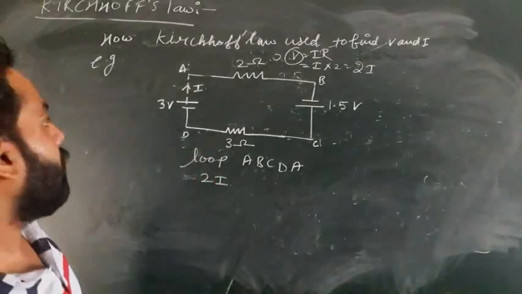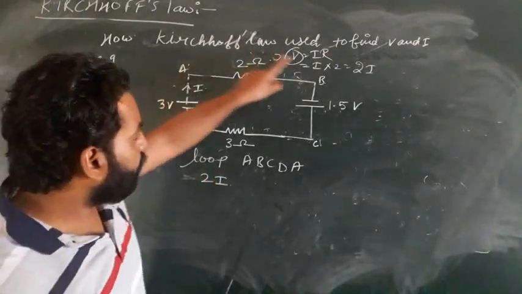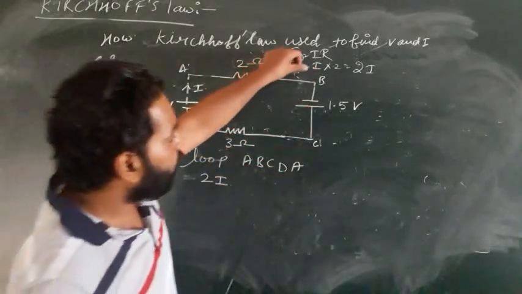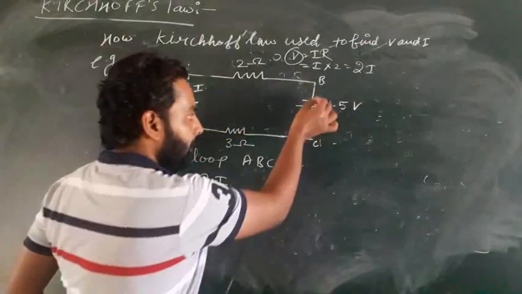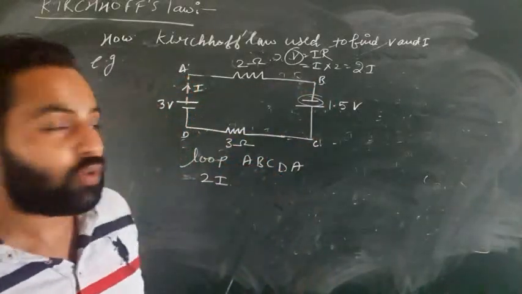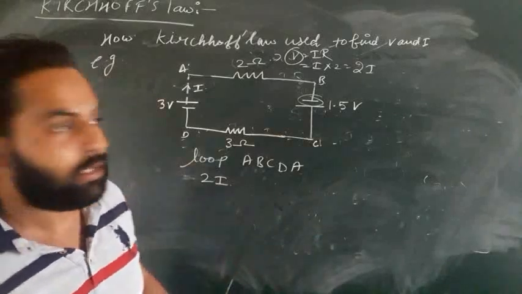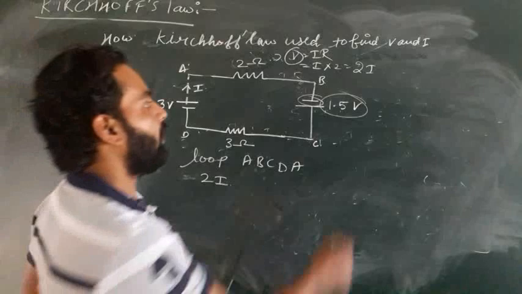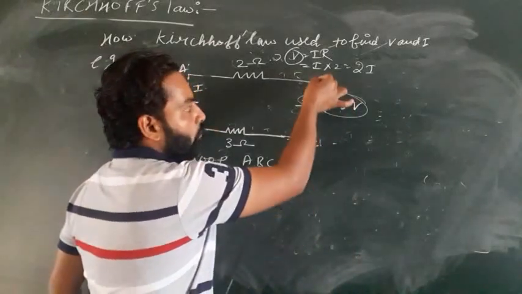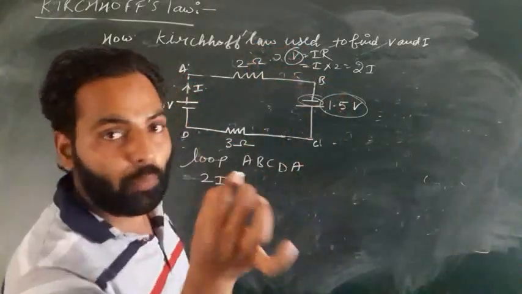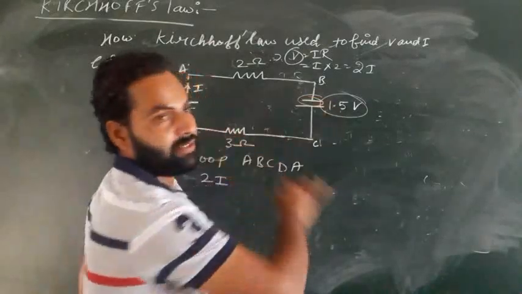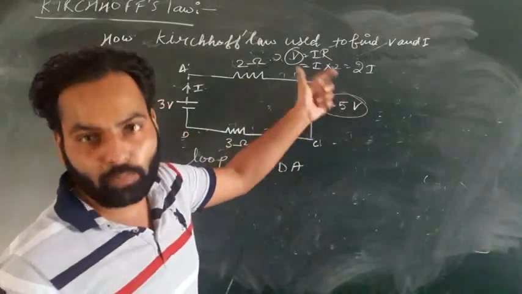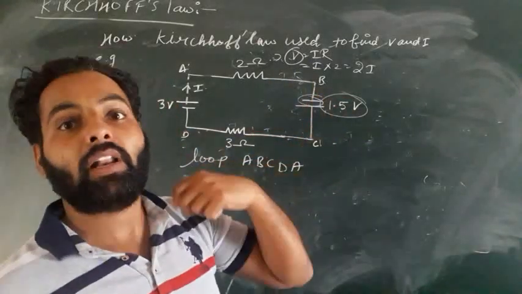Now one more point. Your loop goes from A to B, then B to C. When your loop moves from B to C, the loop hits the negative terminal of the battery. When the loop hits the negative terminal of the battery, the EMF of that cell is taken as positive, and that is written on the right hand side.